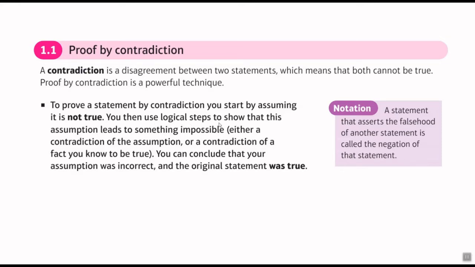You then use logical steps to show that this assumption leads to something impossible, either a contradiction of the assumption or a contradiction of a fact you know to be true. You can conclude that your assumption was incorrect and the original statement was true. We'll learn this by using examples.